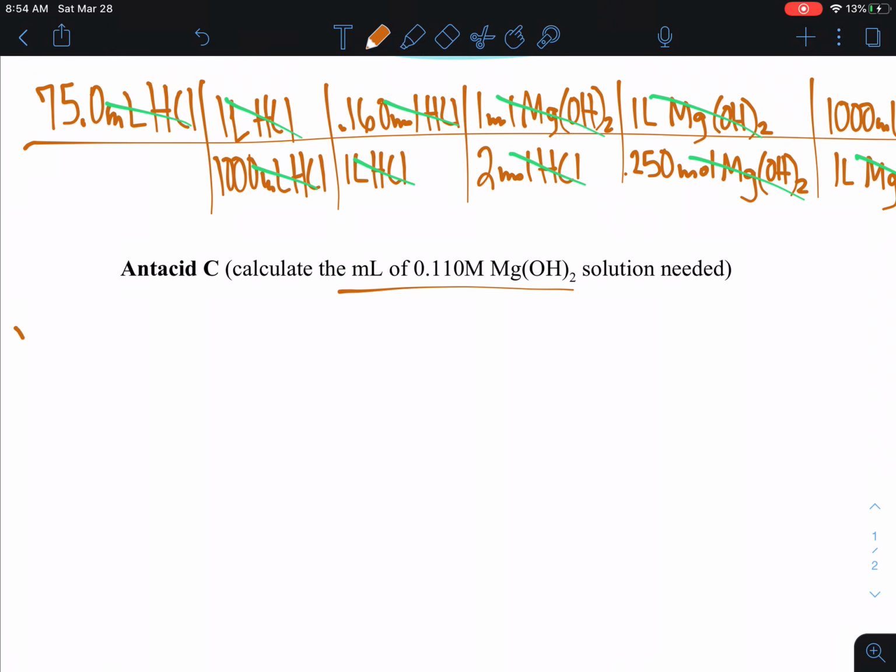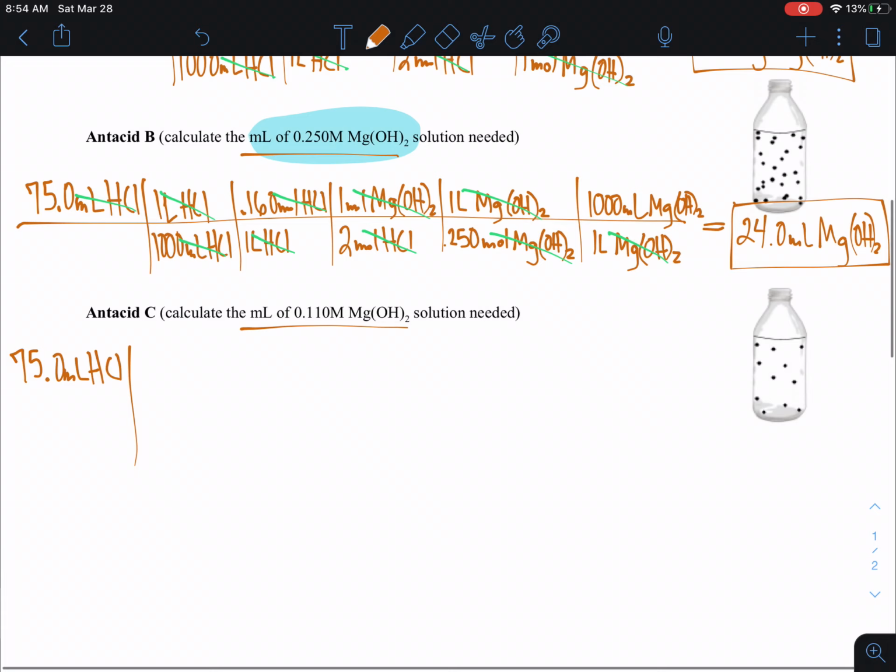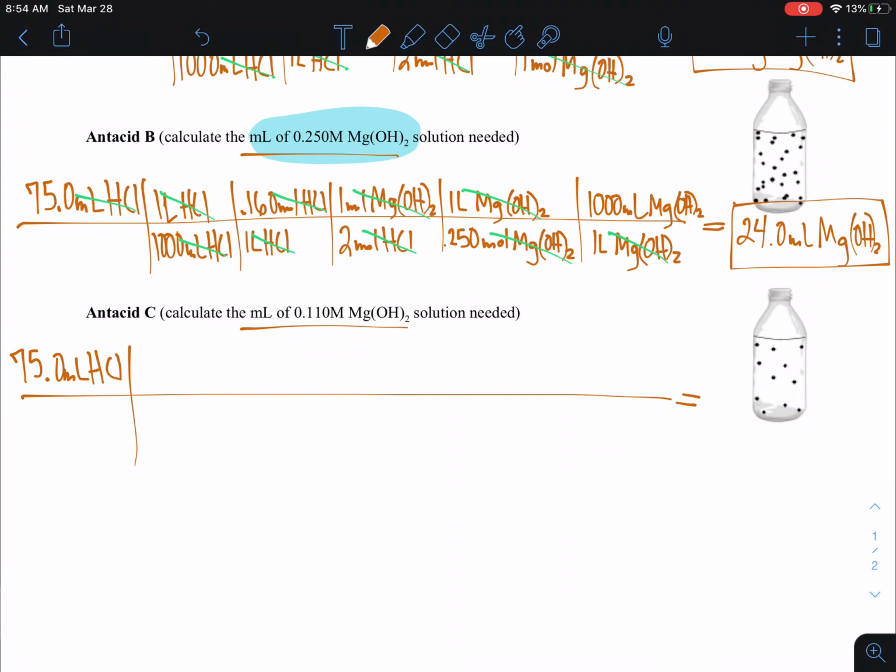So we're going to start out again with the given, which is that Mr. Beaker has 75 milliliters of acid in his stomach. Big, long problem.